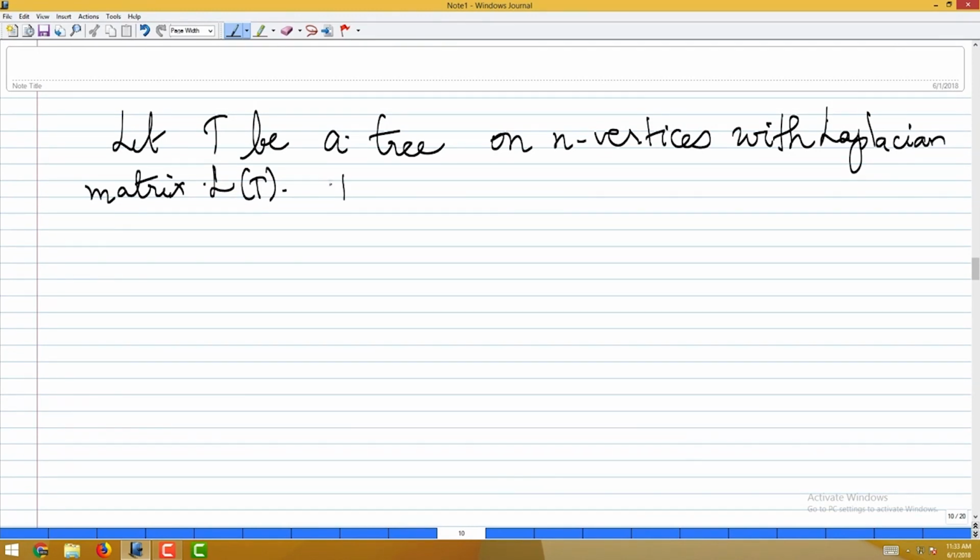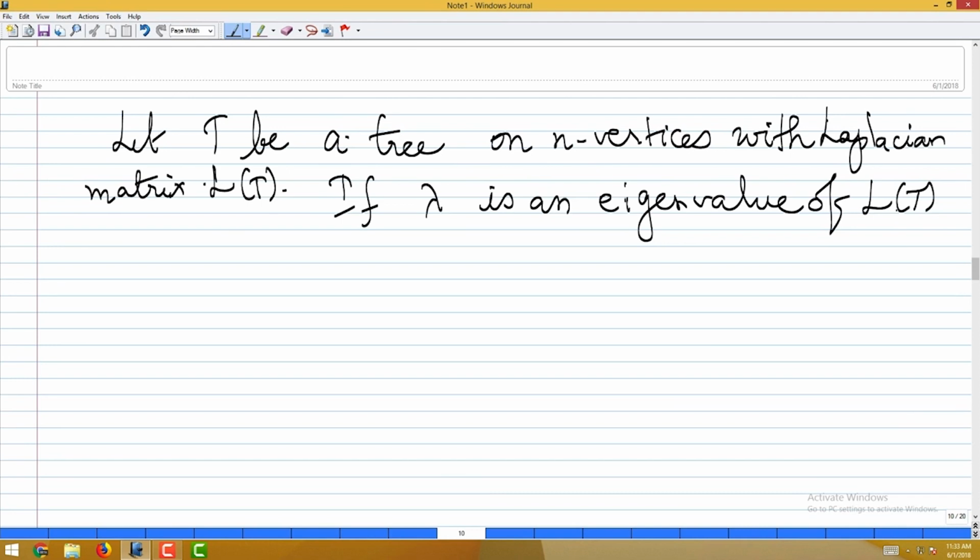Okay. So, if lambda is an eigenvalue of L of T, let us also look at the corresponding eigenvector x.